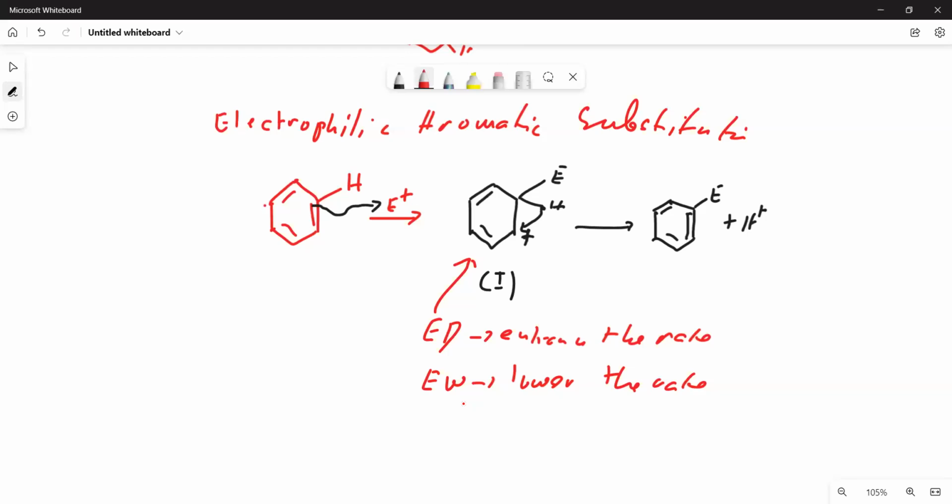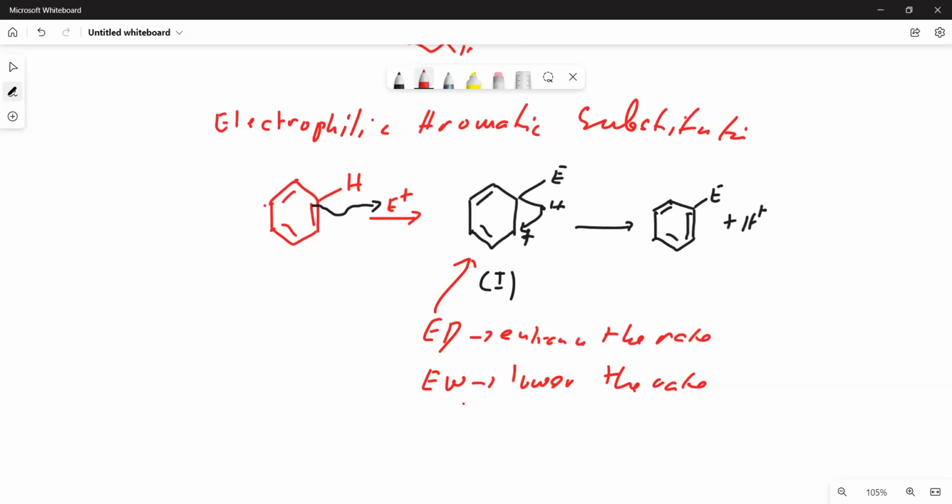Electron withdrawing groups, okay, are electron deficient. So they withdraw electrons either by negative inductive effect, like the halogens, okay, they are electron withdrawing group by inductive effect. But there are also groups that withdraw electrons by resonance, negative resonance, like the nitro group, the cyanide group, the sulfonic acid group, okay?